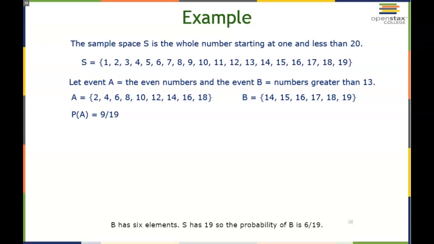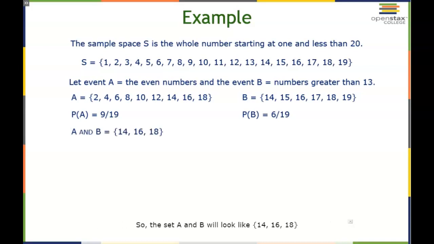B has 6 elements. S has 19. So the probability of B is 6/19. What would the set of A and B look like? Remember, when we have an and, it's those elements which they share. So the set A and B will look like 14, 16, 18.